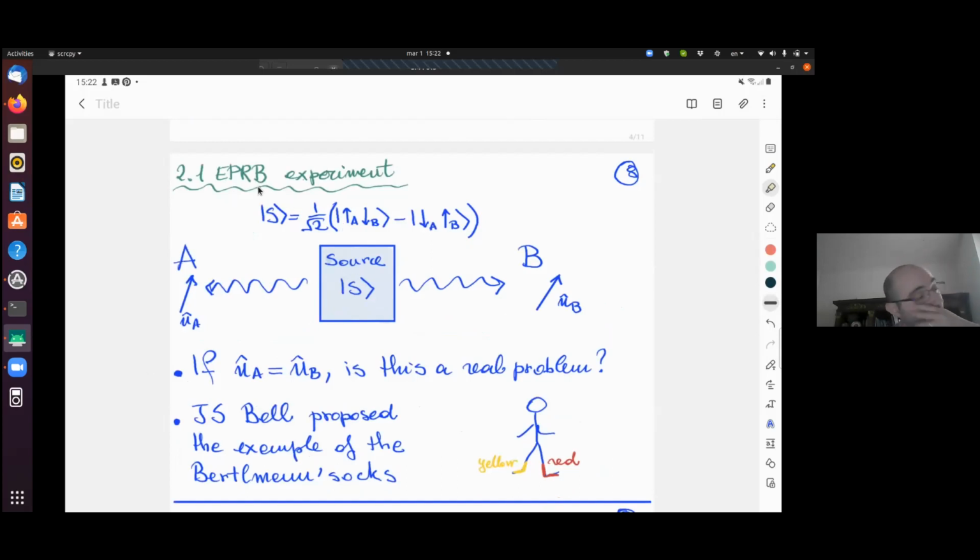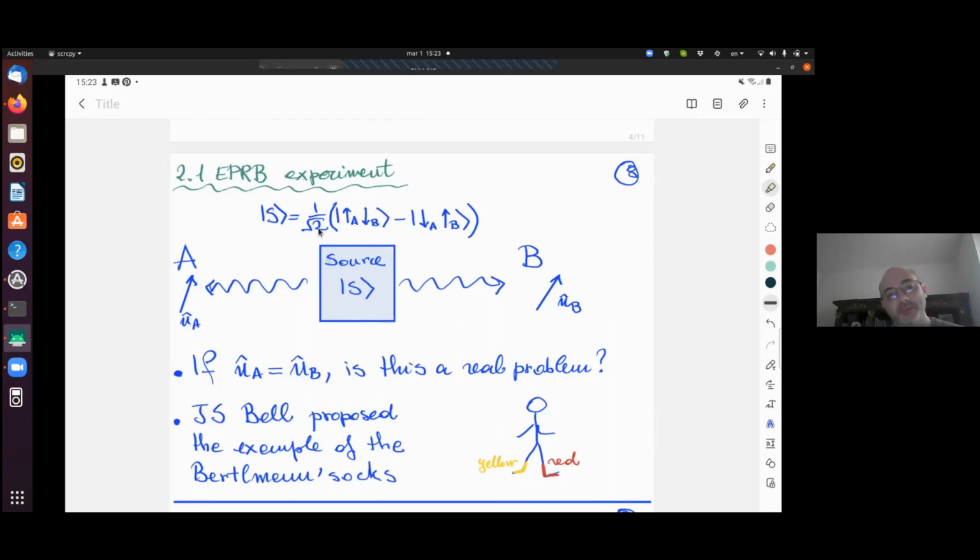B is for Bohm, because in fact the spin version of this experiment was proposed by Bohm. Okay, so how does it work? It is a textbook example, used to basically illustrate how quantum mechanics might be unusual, let's say.